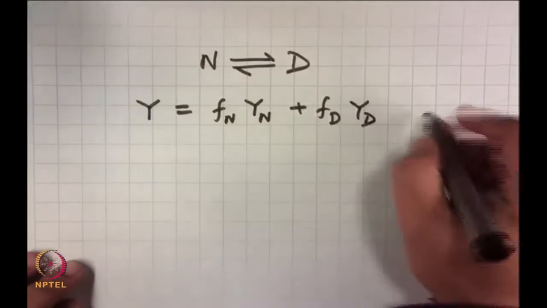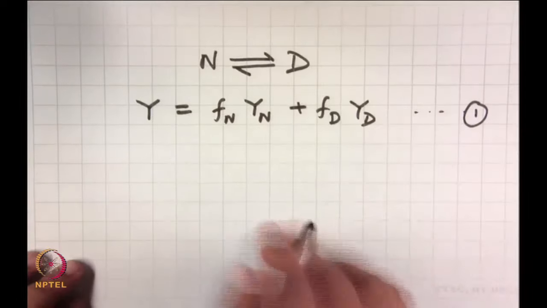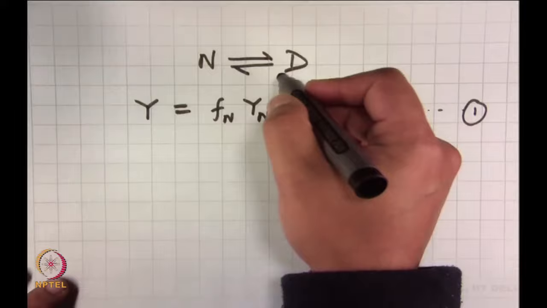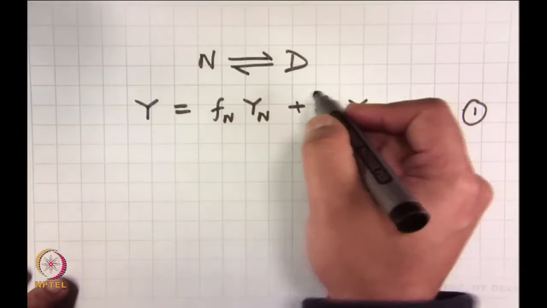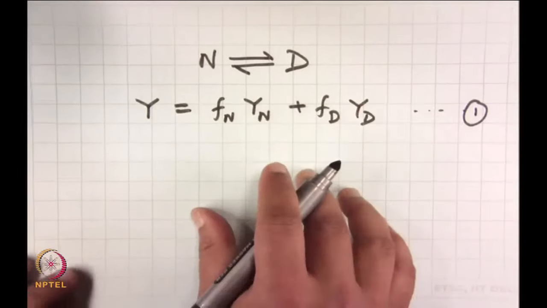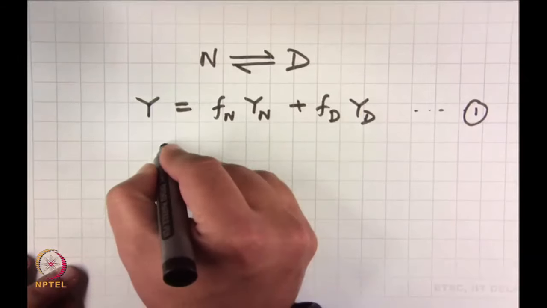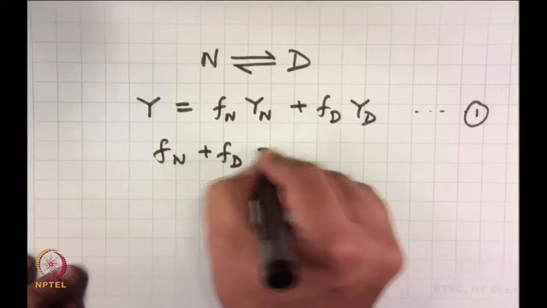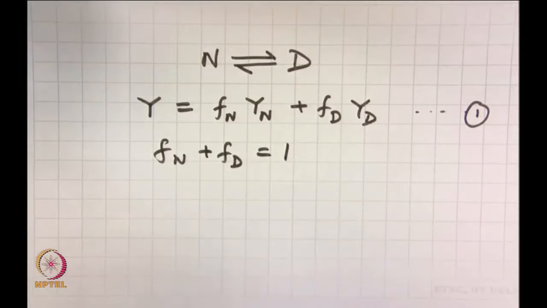Now, there is one more thing. Based on the way we have written N going to D, that is the native state of the protein going to the denatured state, I can also write fN plus fD is equal to what? 1, right, because these are the only 2 species present.